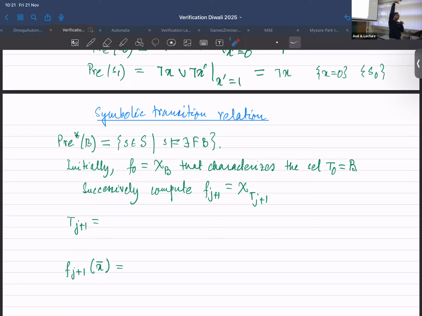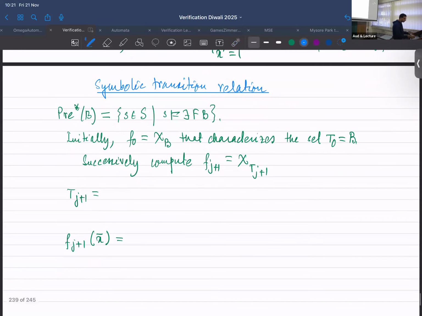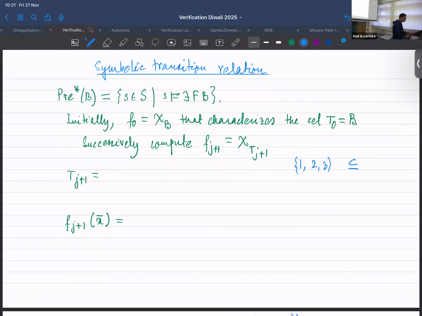So if I consider, let's say, a finite set {1, 2, 3} with a subset relation, I can say that {1, 2, 3} is at the top, and at the bottom is the empty set.